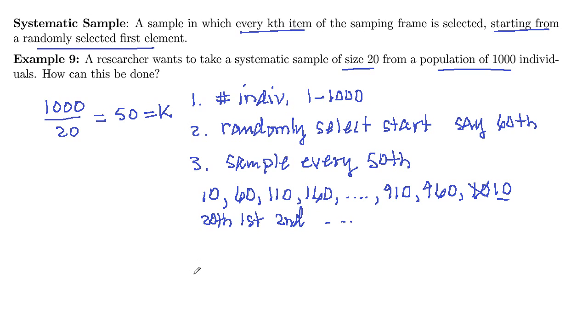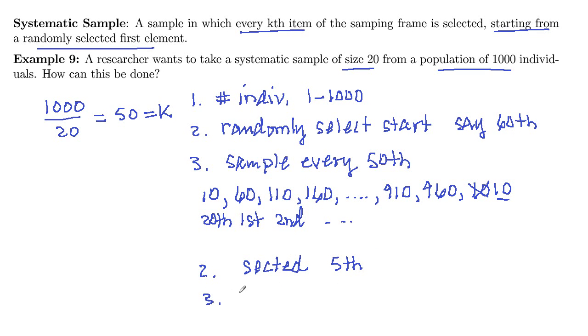So, for example, we back up. If in step 2 we had selected, instead of the 60th, just to make things easy, say that we sampled the 5th person. That was our randomly selected start.